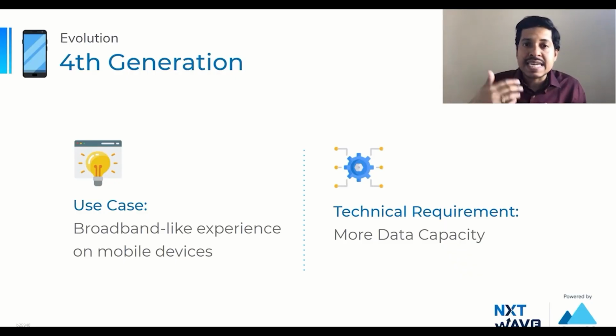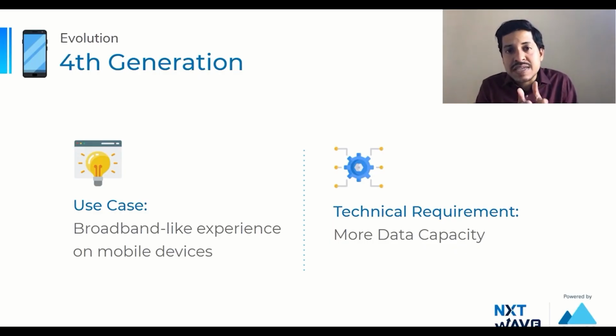People were getting tens of Mbps, 50 Mbps, 100 Mbps of connectivity on their home broadband connection. But in the third generation of mobile networking, you could only get on the order of hundreds of kbps, maybe a megabit per second on your phone. So the natural question that people ask is, can we get broadband-like experience even on our mobile devices when we are connected to a mobile network?